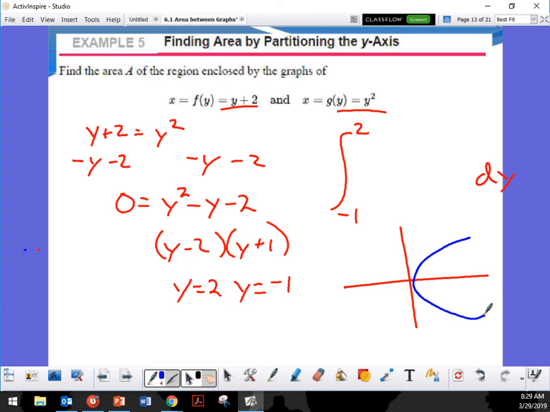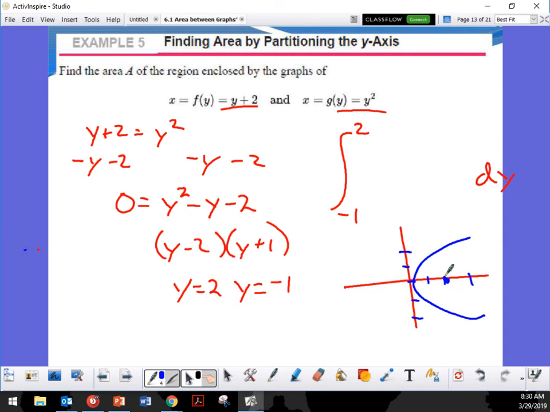Now, let's take a look at the other one. It's going to be y plus 2. To graph this, I'm going to do it slowly. When y is 0, x is 2.